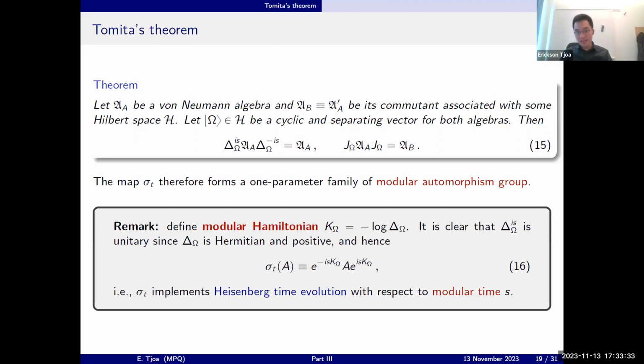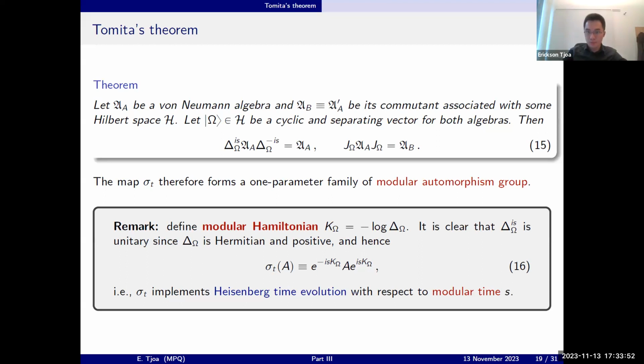So you see, equation 15 is just the unitary dagger acting on the operator, so the Heisenberg time evolution with respect to the modular Hamiltonian is itself. Okay, and the modular conjugation sends one algebra to the other. So this is a very big result.